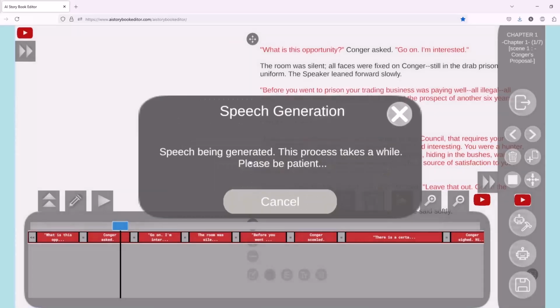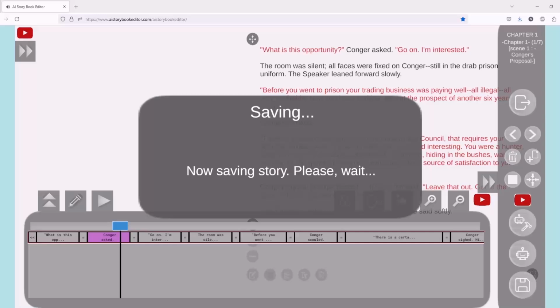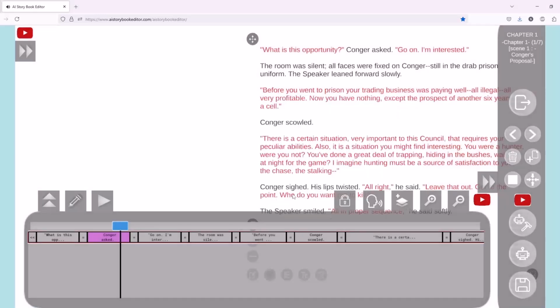The process is going to take long because we are running a local text-to-speech provider, XTTS. So it's going to take a while to complete. Okay, the speech generation for the first page with XTTS has been completed. So let's review the result.